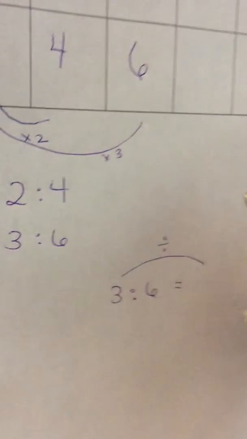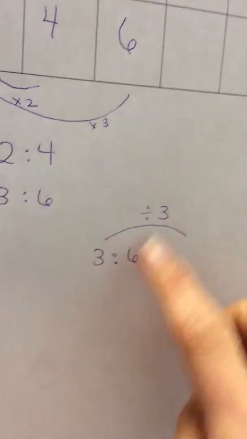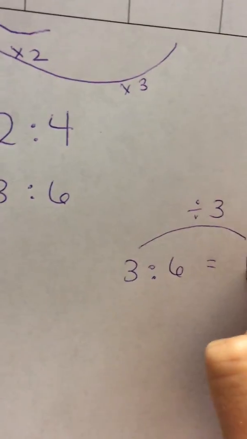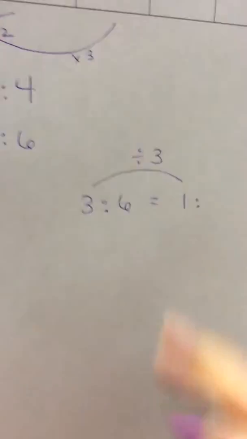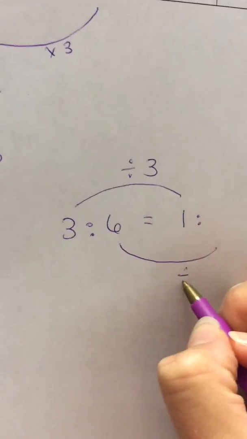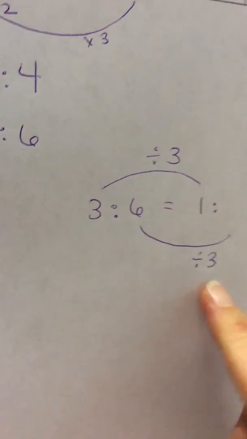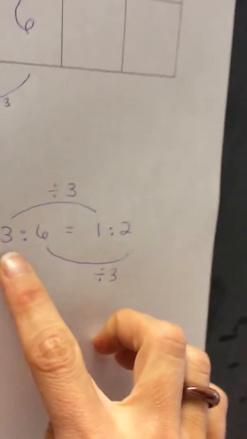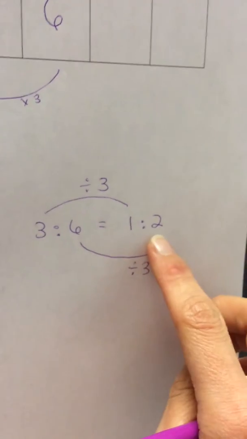So 3 divided by 3, we can just pick that number because I know that 3 is also going to go into 6. If we divide 3 by 3, we know that's 1. And then we have to do the same to this number. So then you take the 6 and you divide 6 by 3, and that's going to give us 2. So an equivalent ratio to 3 to 6 is 1 to 2.